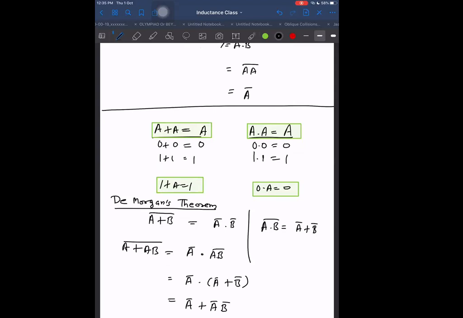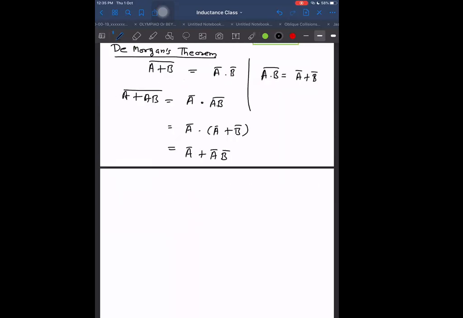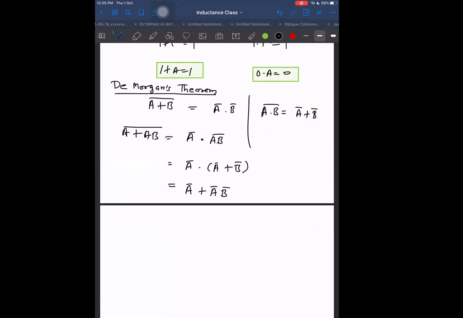You can write it in this way also, which will again become equal to, it will give you a surprising result in fact, A bar into (1 plus B bar), which will become equal to A bar. Right or not?